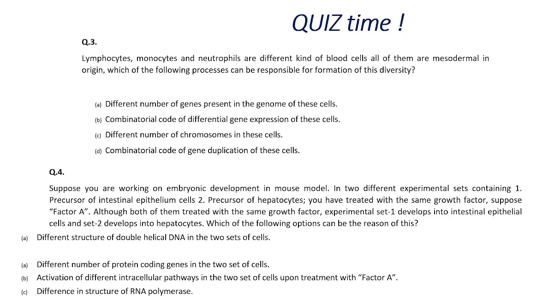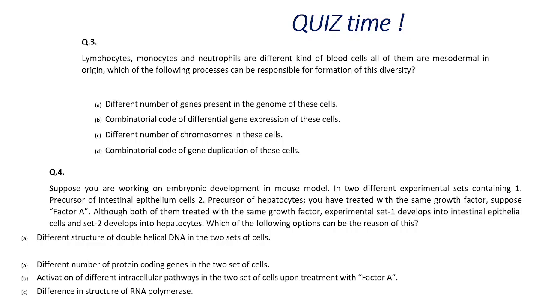Now getting to question number 3. It says lymphocytes, monocytes, and neutrophils are different kinds of blood cells. All of them are mesodermal in origin.